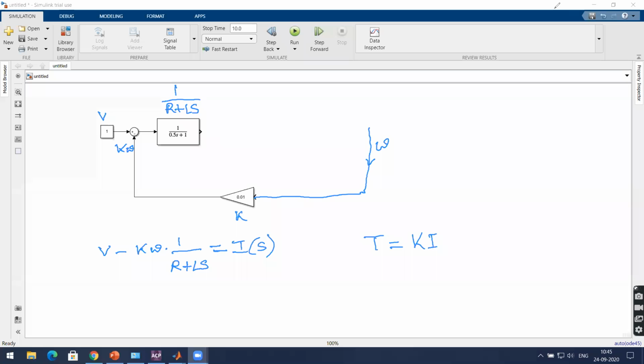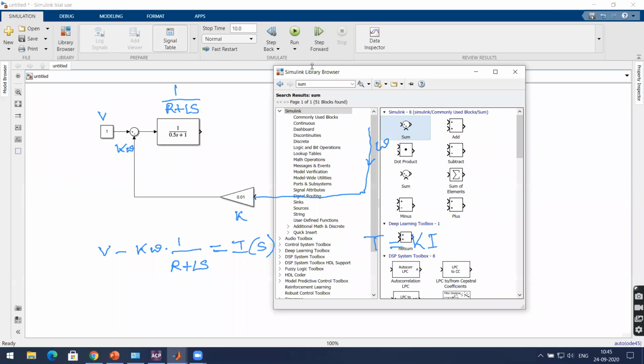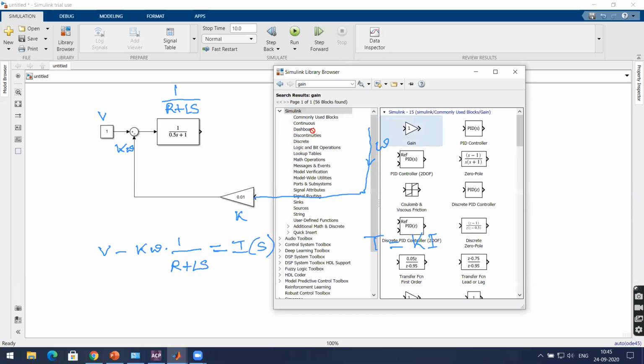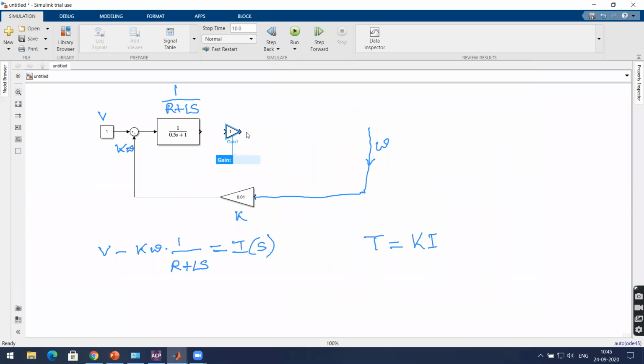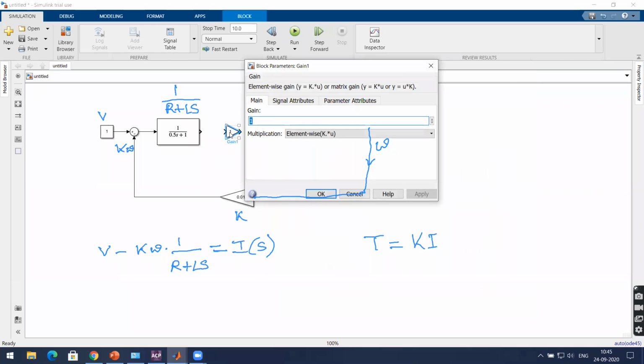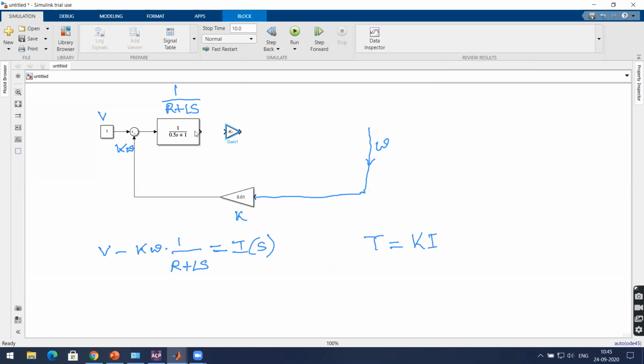So I'll do that now. So what do I want? I want a gain. Okay. So the value is 0.01. Okay. So I multiply that with this. So what am I getting over here? I'm getting torque, sir. Torque. Okay. So here what comes out here is current.